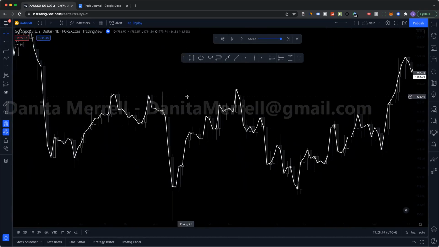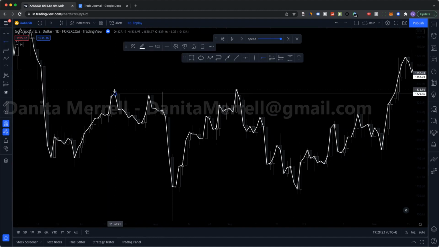If you just look, price pushed down. Here's our resistance. If you refine this to H4, I'm sure you will find an entry there.